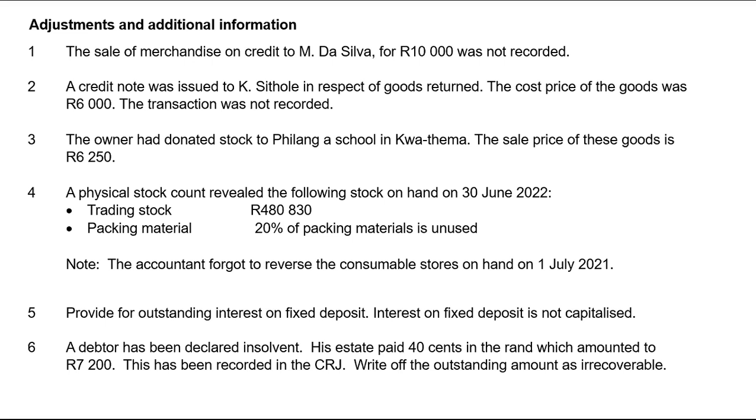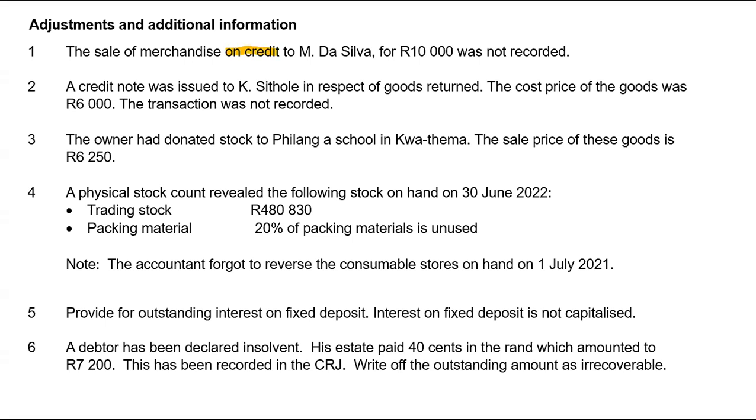I will highlight the credit part. Sale of merchandise on credit. Highlight the credit part. So we are selling, right? And you can't assume anything. So you just have to read the entire thing. So we sold to M. Da Silva for 10,000 Rand.